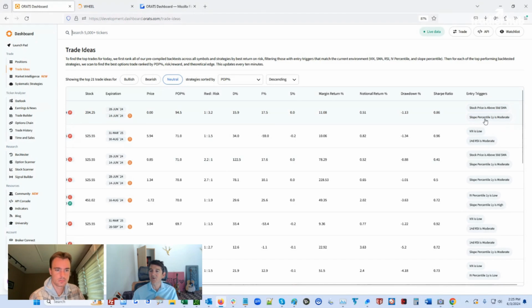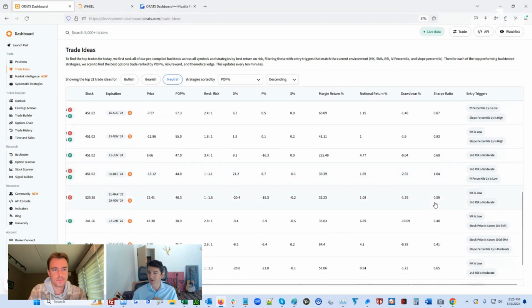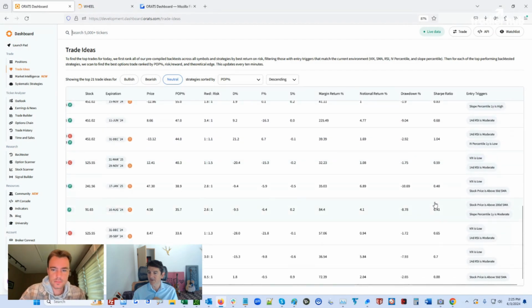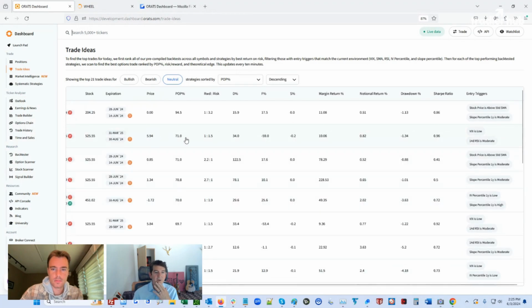We have a skew or slope percentile that is moderate, which is how steep the put call slope is. The stock price is above the 50-day. We also have a 200-day moving average. And did I miss anything? Seems like there's one more: RSI VIX. Yeah, that's it.